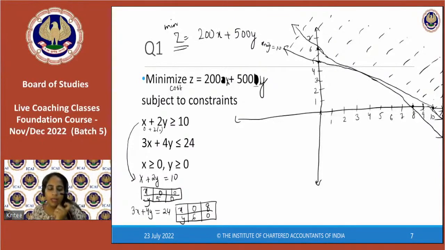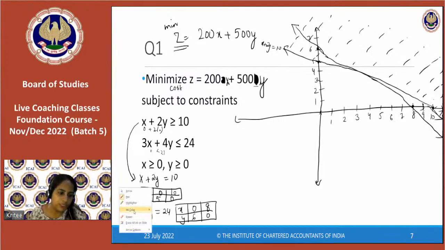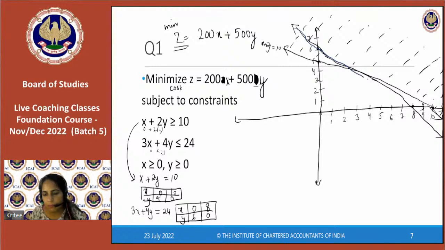Now again substituting 0, 0: this is 0 plus 0. Is 0 less than 24? Yes, it is less than 24. So for the shading of this line, I am changing the color so that you can find it.